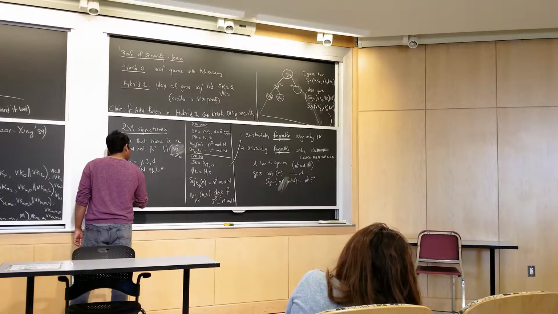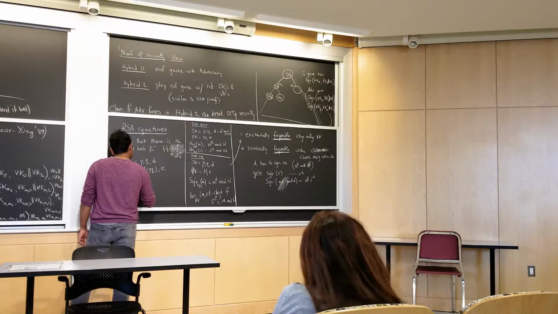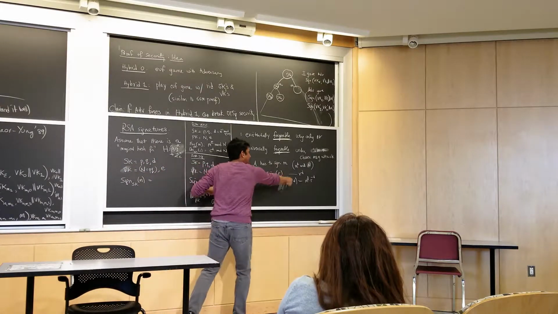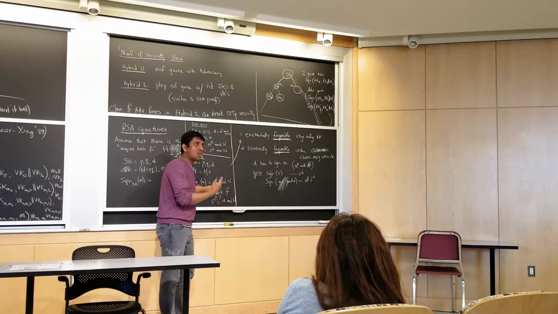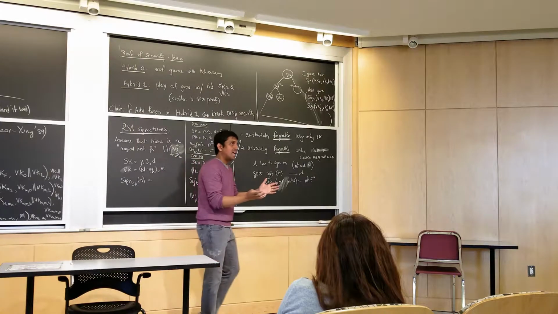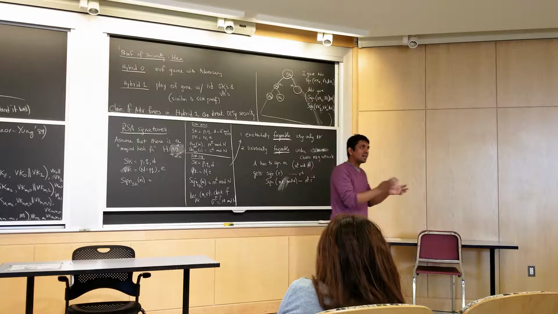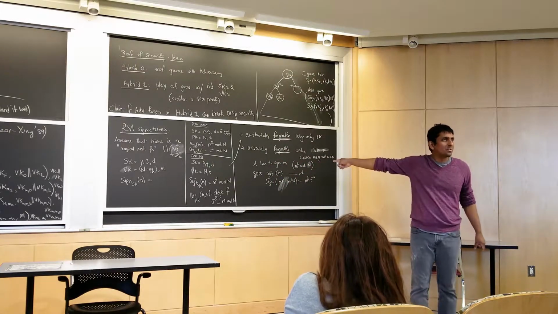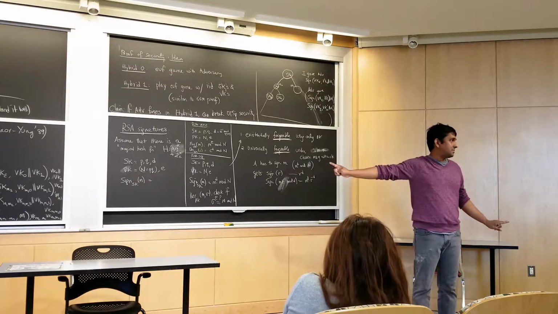To sign, you do the following. You don't sign M, because this attack worked because of the homomorphism of RSA. RSA of M1 times M2 is RSA of M1 times RSA of M2. That's why this worked. Kill the homomorphism.